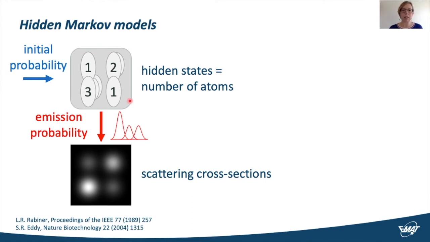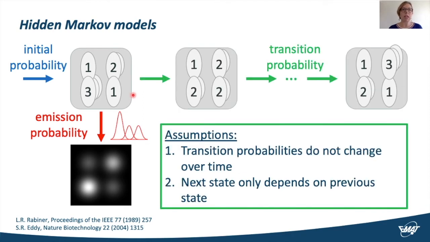Instead of analyzing a time series of images frame by frame, we will now also estimate the transition probabilities, which in a sense model the dynamics of the nanoparticle. It defines probabilities for a given column of atoms to, for example, lose or gain an atom.